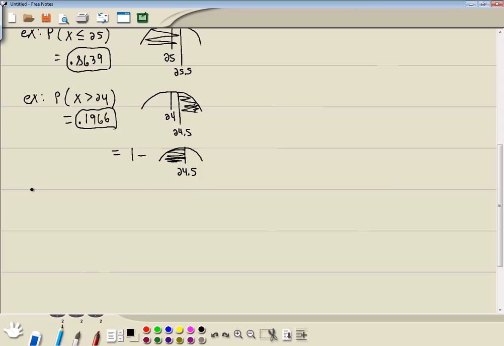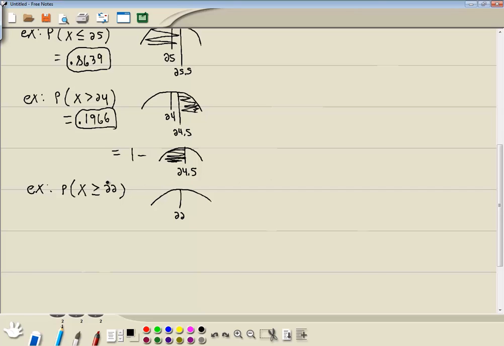Okay, let's look at our greater than or equal to case. So we've got x is greater than or equal to, and let's say 22. Okay, well, let's see what we got with our correction factor. Here's 22. And we're going to either subtract 0.5 or add 0.5. It's always 0.5.